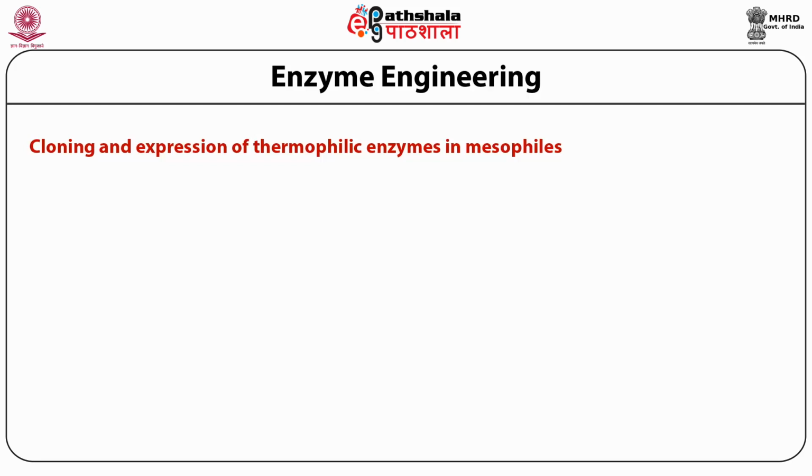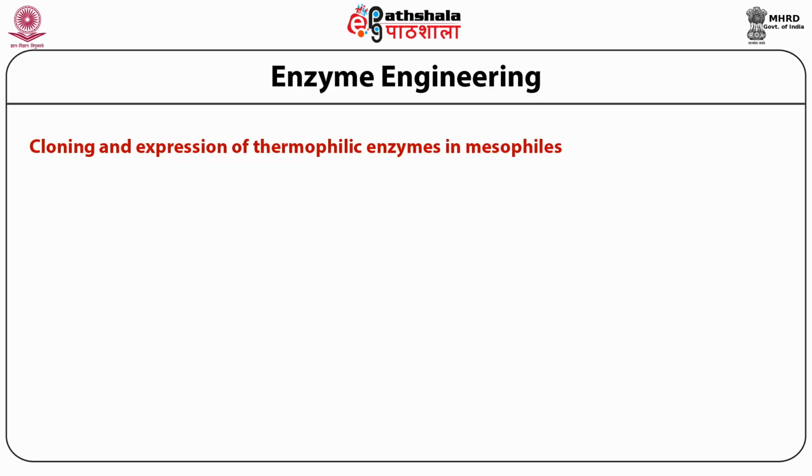Now, I would like to introduce one point over here that might arise in your mind: how is it possible that we are expressing thermophilic enzymes in mesophiles? There is a contrast of their activity and folding pattern between the thermophilic enzymes and mesophiles.